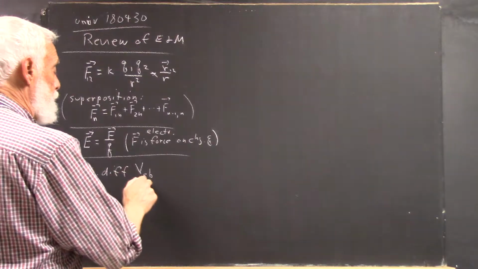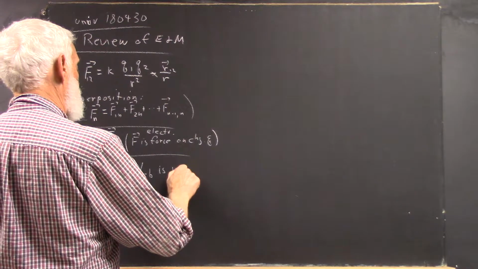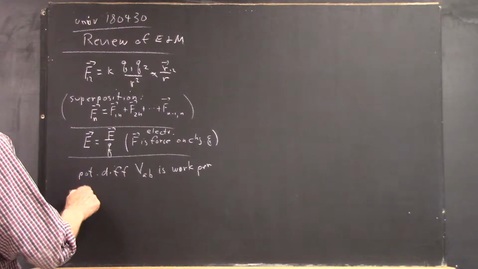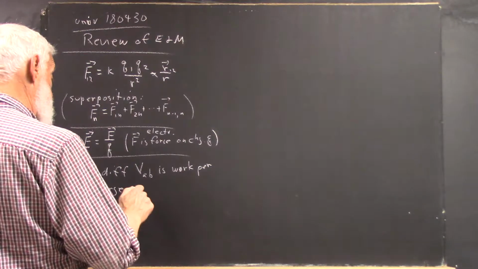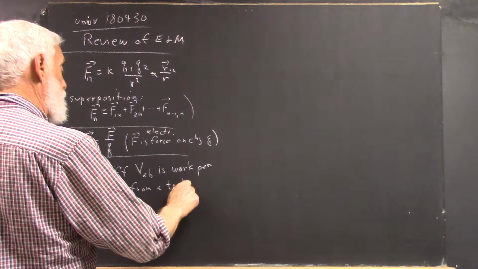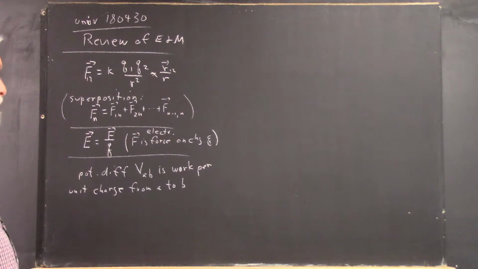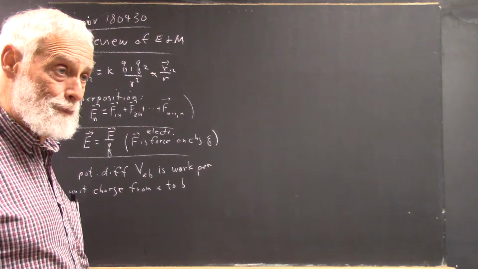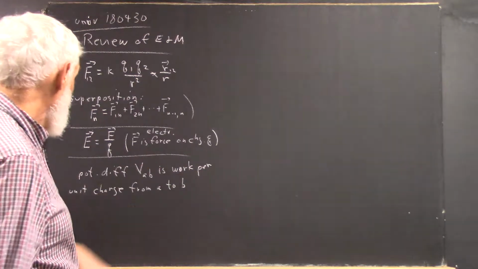Potential difference, we'll call it VAB, is the work per unit charge from A to B. Now, a complete definition would say whether that's the work on the charge, and you know the path from A to B and so forth.